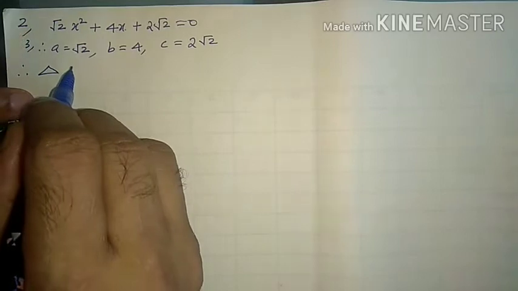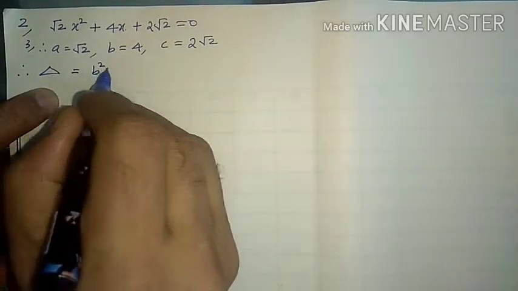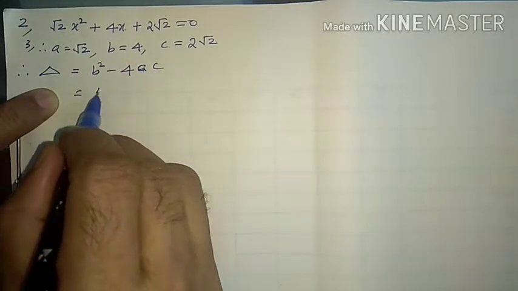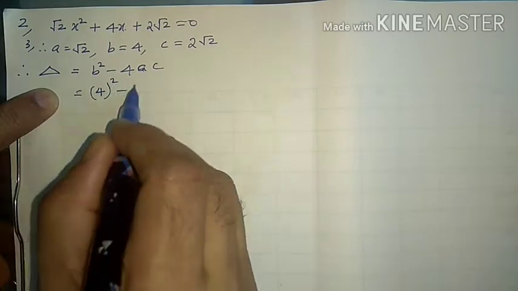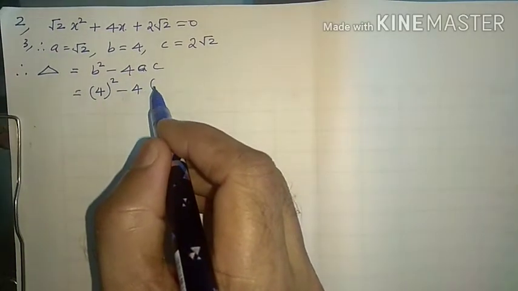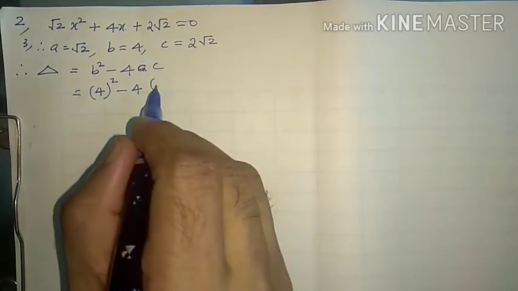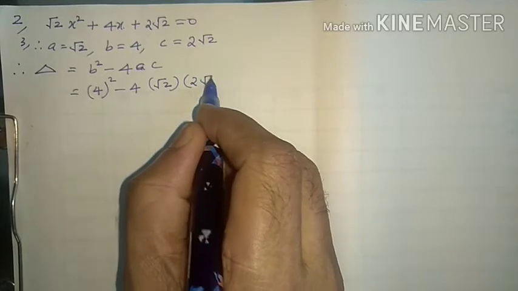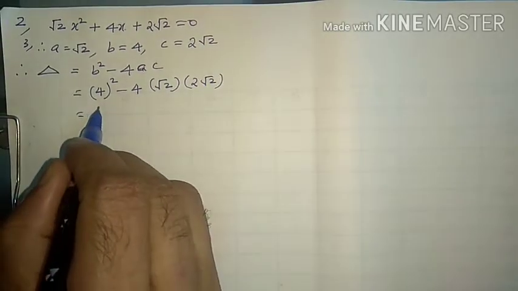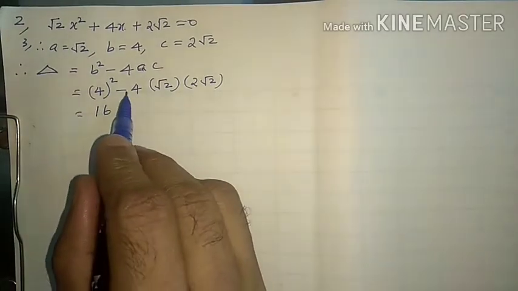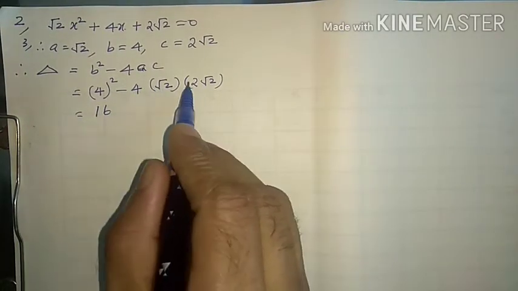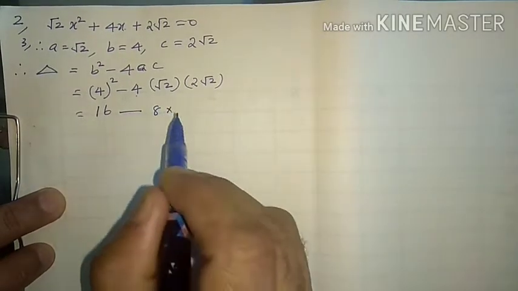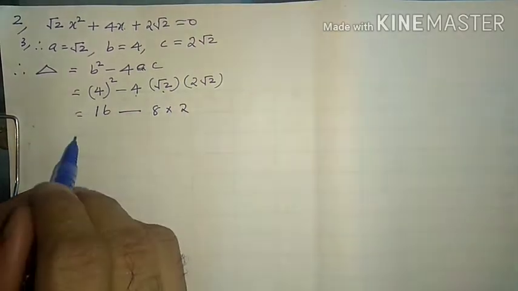Therefore, discriminant delta equal to b square minus 4ac. B is 4, square, minus 4 into a. How much is a? A is root 2, into c. C is 2 into root 2. 4 square is 16. Only one minus: minus into plus is minus. 4 into 2 is 8, into root 2 into root 2 is 2.